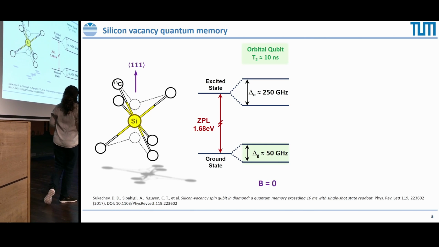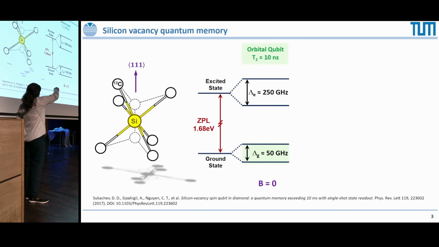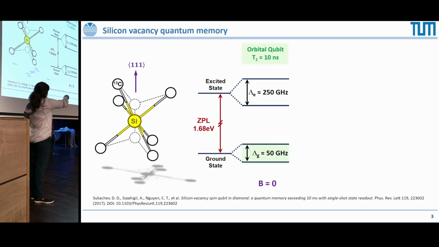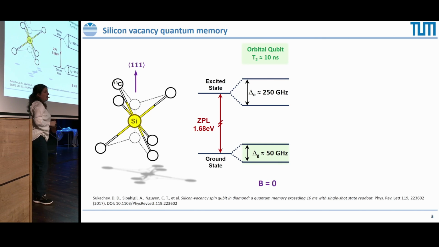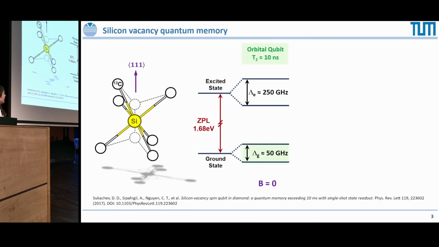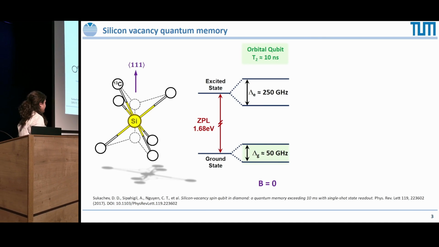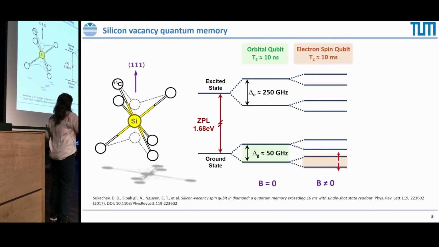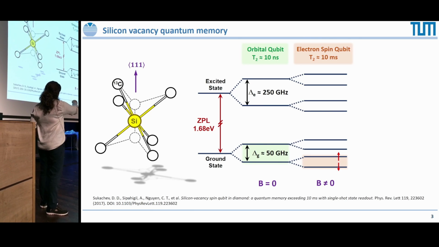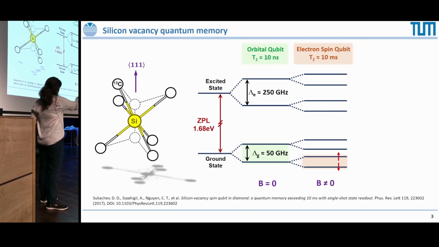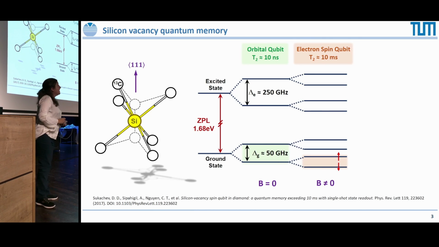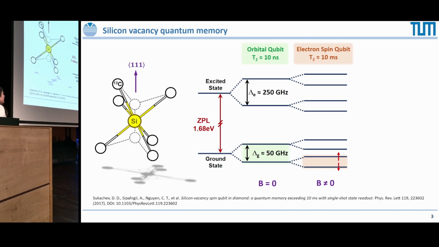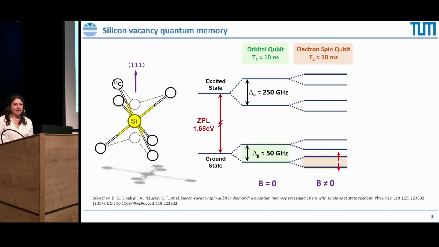This is without applying a magnetic field, and you can use these two states in the ground state as a qubit, using the orbital degree of freedom, with a coherence time of about 10 nanoseconds. But if you apply a magnetic field, you can split the spin state into the up and down configuration and use that as a qubit. Then you will find a coherence time of about 10 milliseconds.